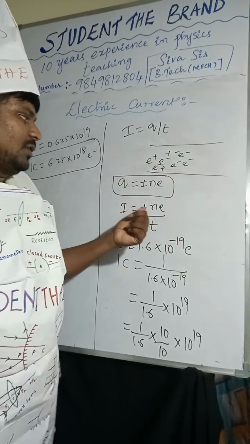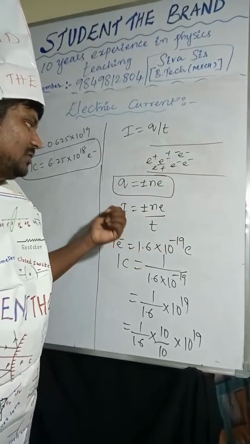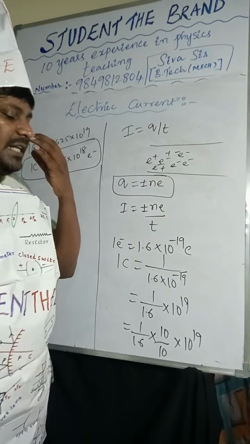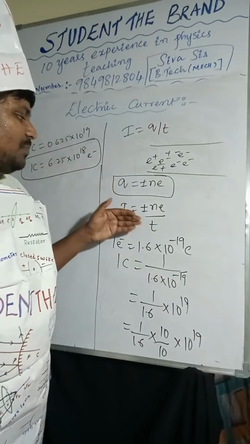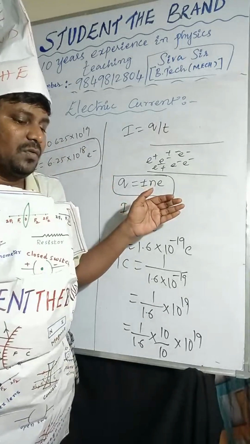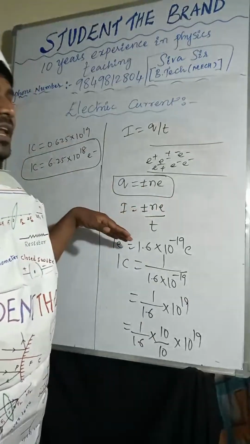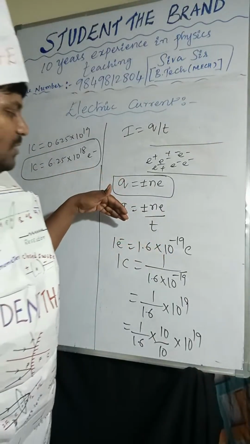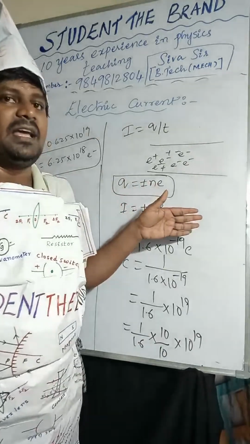So I equal to plus or minus Ne by T. On one electron, how much charge is present? 1.6 into 10 power minus 19 coulomb.